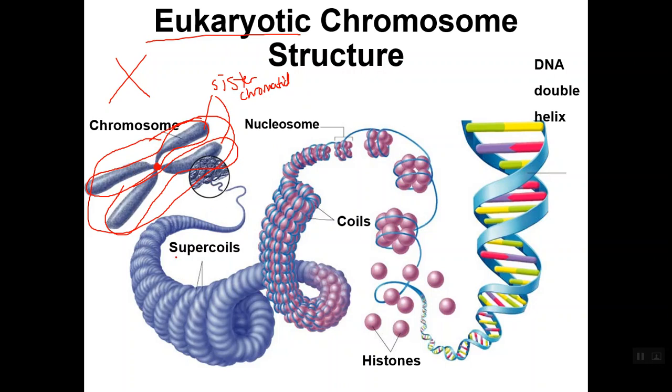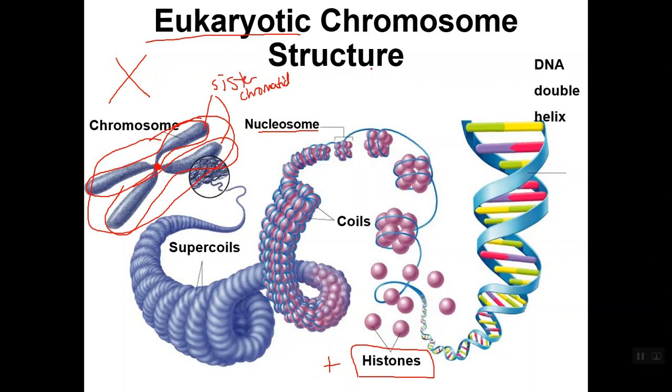These chromosomes are supercoiled. I'm just kind of showing you the structure here. These coils are made up of nucleosomes. This is not something you really have to pay too much attention to. And then if you break down a nucleosome, you'll notice that the actual DNA, this blue strand, is wrapped around histone proteins. And one of the reasons this works, or why this forms the structure it does, is because histone proteins have a positive charge. These little purple balls are the histone proteins.